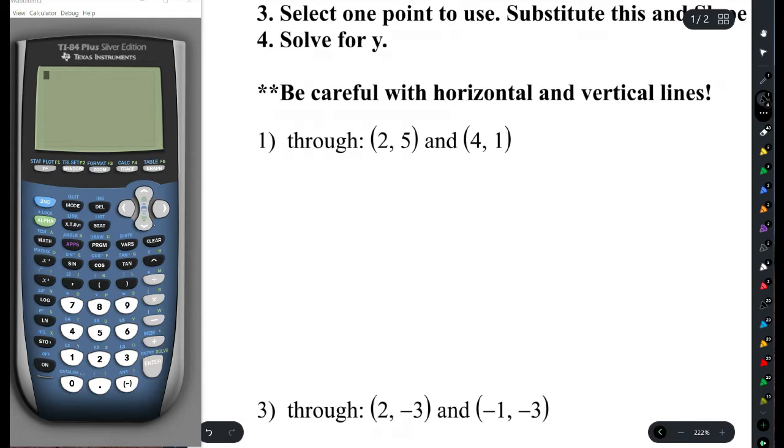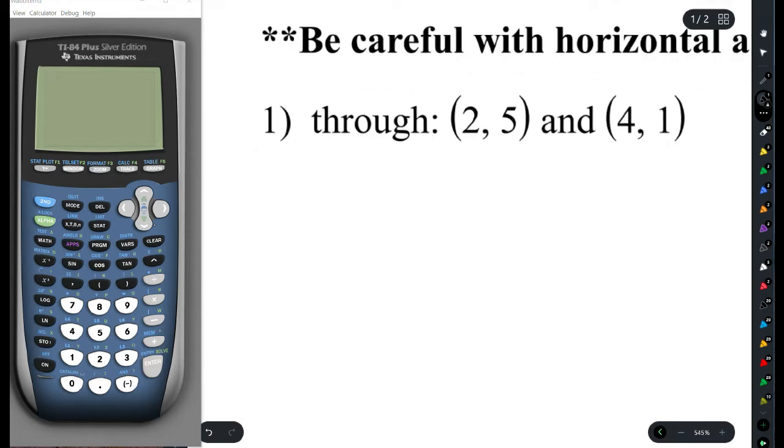Through 2 points. So I have 2 points. I want to create the equation of the line that goes through them. As usual, label them out, okay? I think it's very helpful to do that, and it'll help you avoid mistakes. So we labeled them. Then we need to find the slope, which is m equals y2 minus y1 over x2 minus x1.